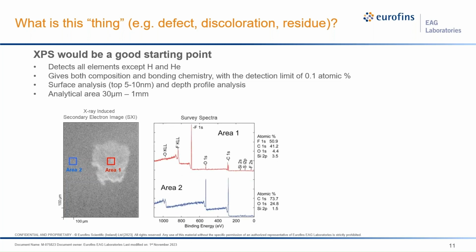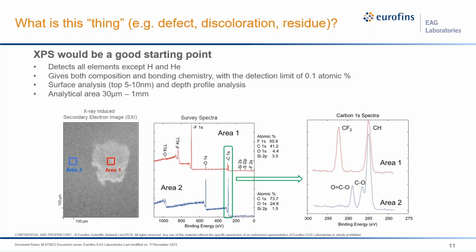By analyzing these two areas, we will then get a survey spectrum on each area showing what elements are present on the sample surface. And by obtaining the spectrum of different elements detected, we can then carry out something called a high-resolution elemental scan, looking at the bonding chemistry of different elements.